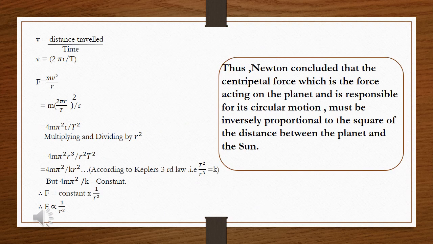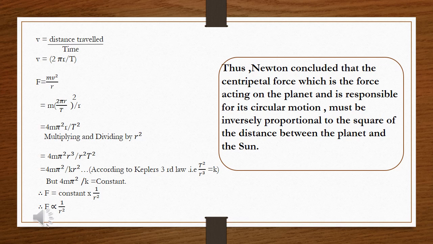So v equal to 2 pi r upon T. We know that F equal to mv square upon r. So just replace the value of v by 2 pi r upon T. We get 4m pi square r upon T square.